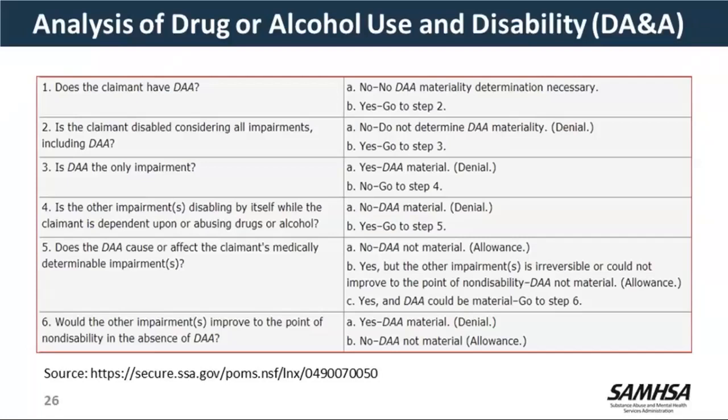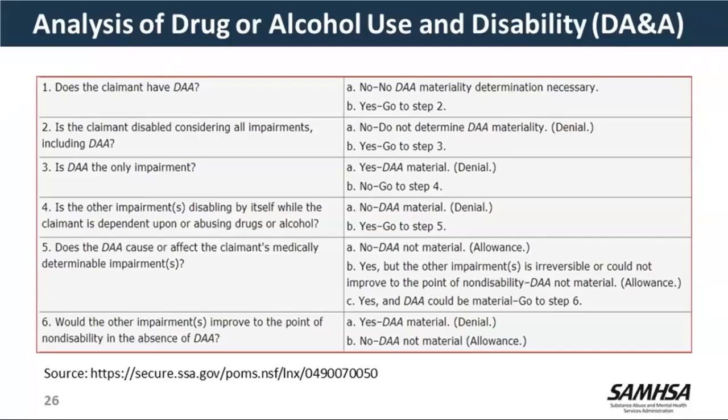If the answer is yes, it will be determined that the DA&A is material to the person's disability and the application will be denied. If the answer is no, that even with the lack of drug addiction or alcoholism, the impairment will not improve enough to be considered non-disability, the case will be allowed.